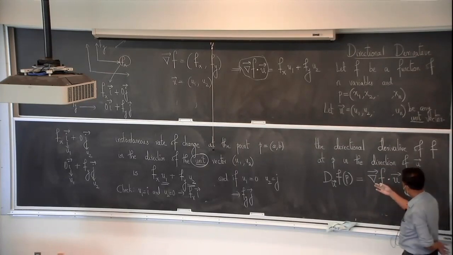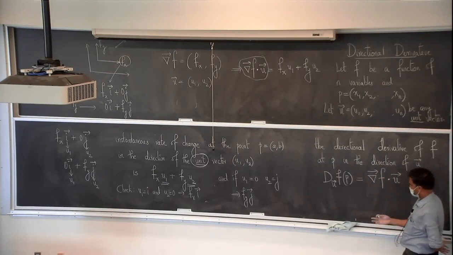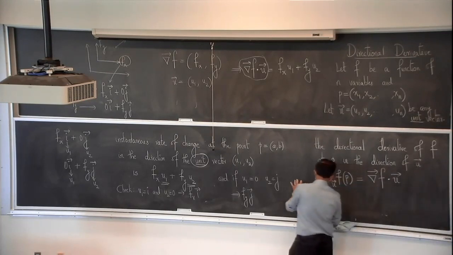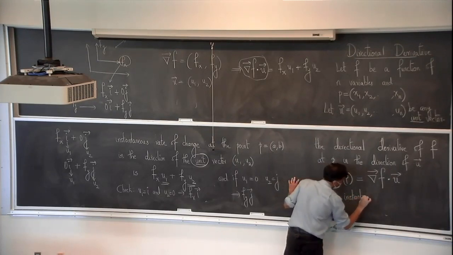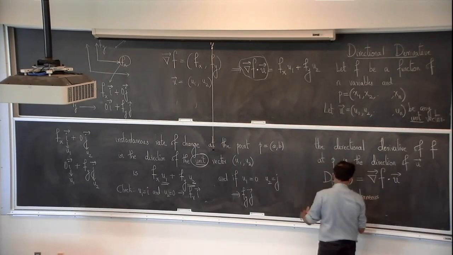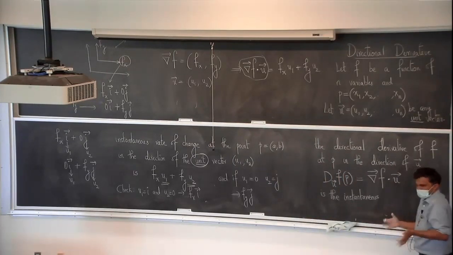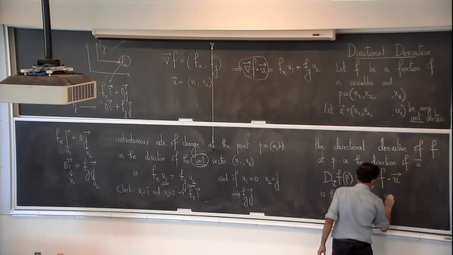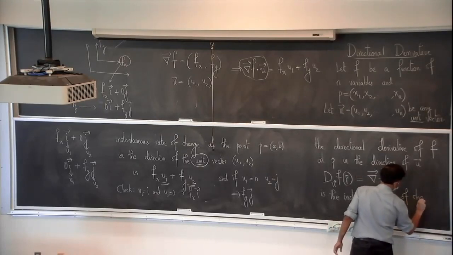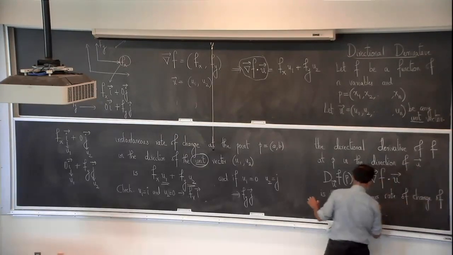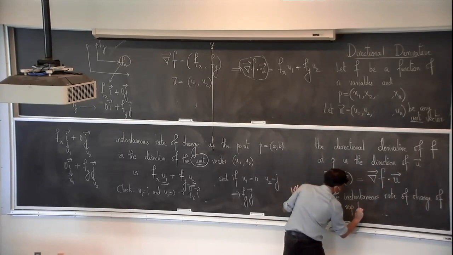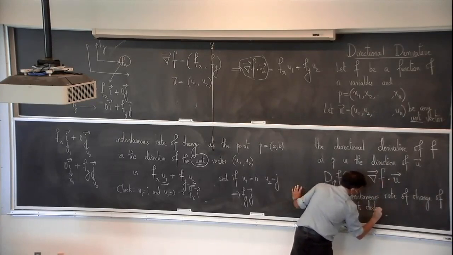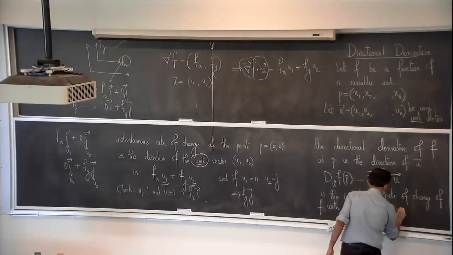And it tells you the rate of change of f with respect to distance moving at unit speed. This unit vector is telling you how fast it is moving. There's the instantaneous rate of change. If you watch the textbook videos, I think he keeps on saying IROC, instantaneous rate of change, of f with respect to distance moving at unit speed.